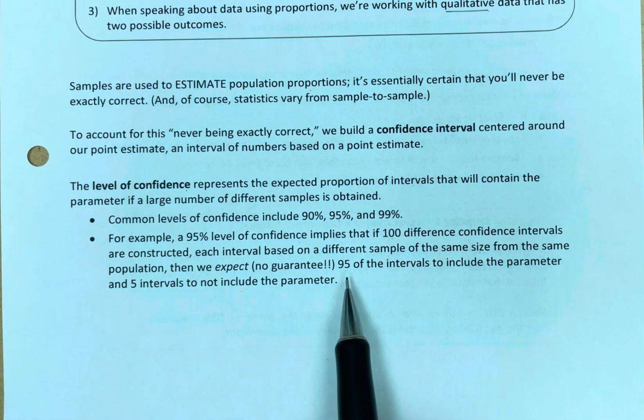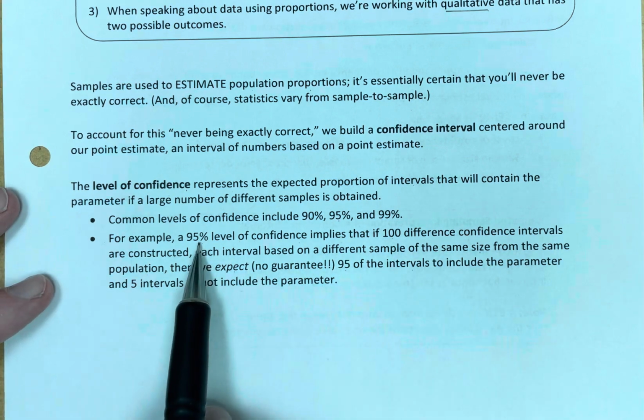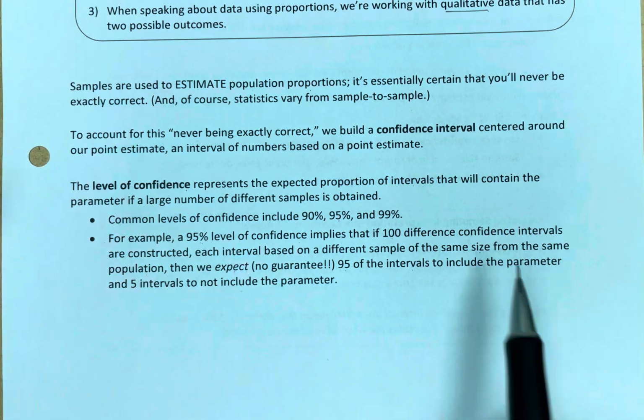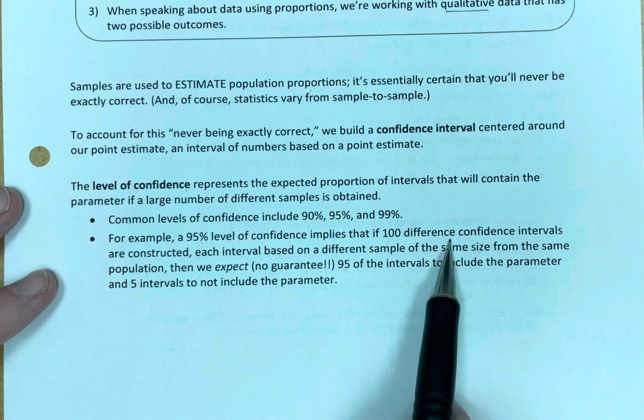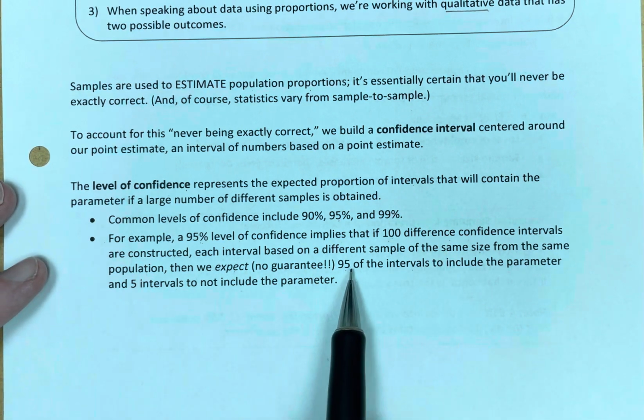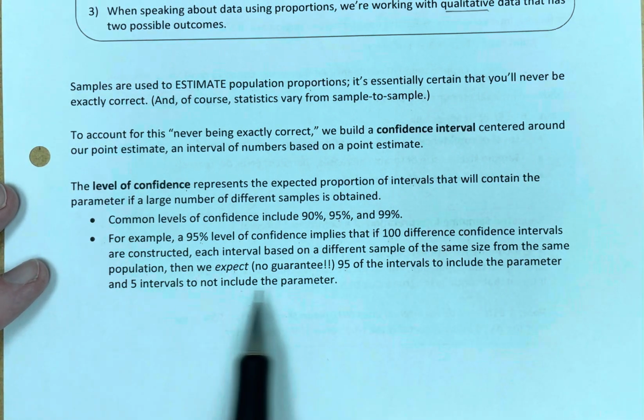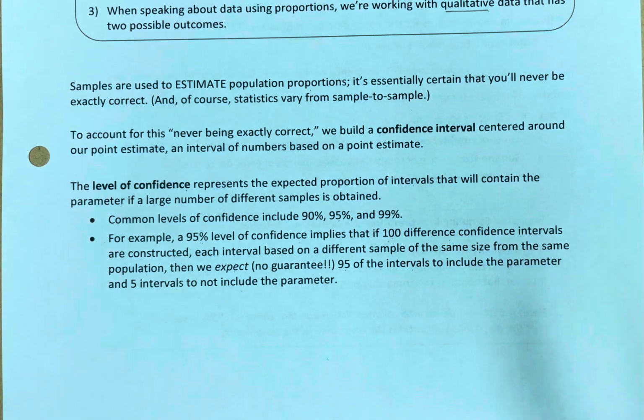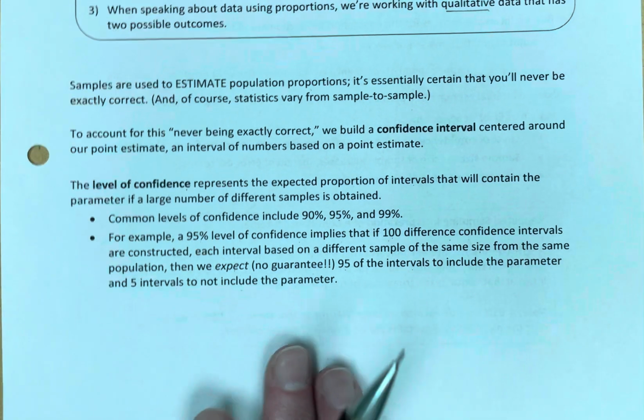We expect that to happen. You may have 96 intervals that include the parameter. We don't know. But if we're 95% confident, we expect that if we do 100 of these, there will be 95 that include the parameter and 5 that do not. It is an expectation. It is not a guarantee.